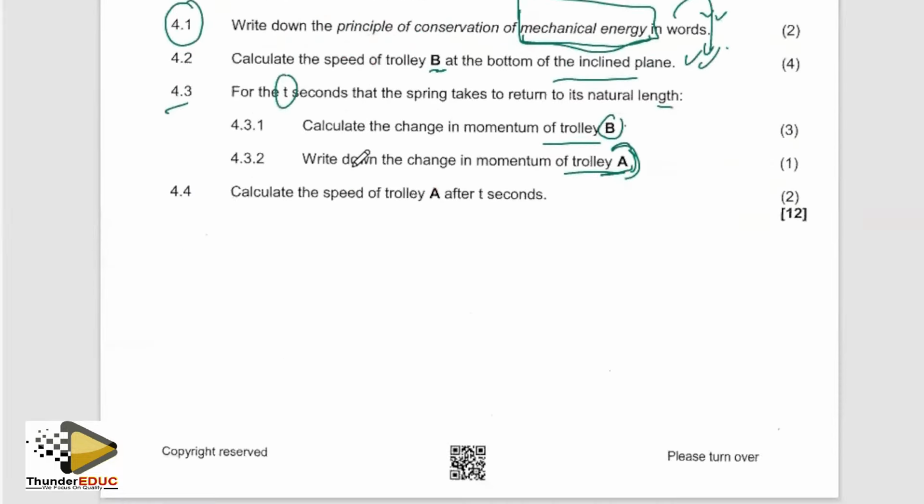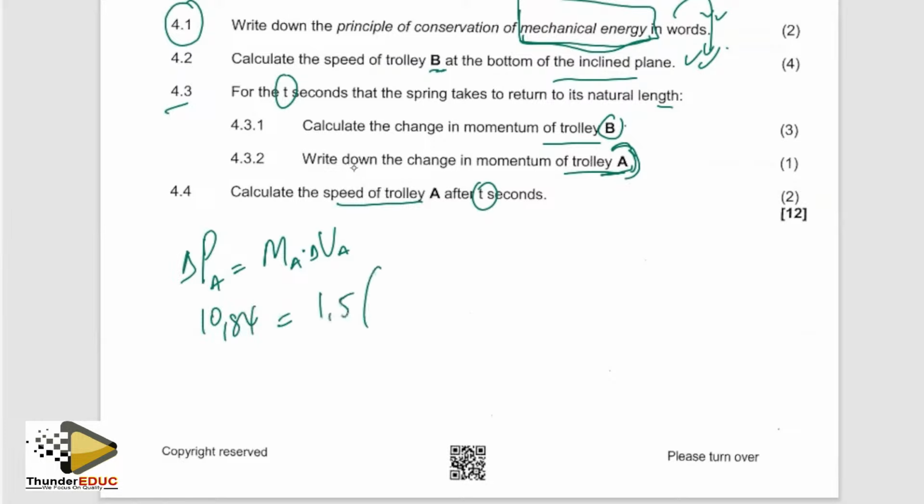Then 4.4, they want us to calculate the speed of A after the t seconds. So we know that the change in momentum of A is also going to be the mass of A multiplied by the change in velocity of A. Let's substitute. This is 10,84 is equal to the mass, which was 1,5, into the velocity v final minus the initial.